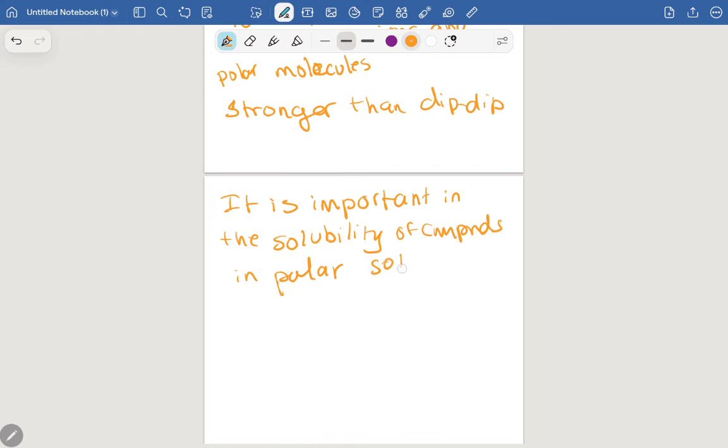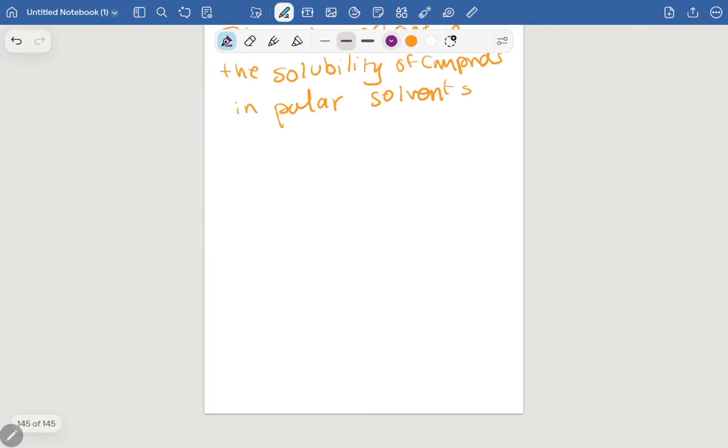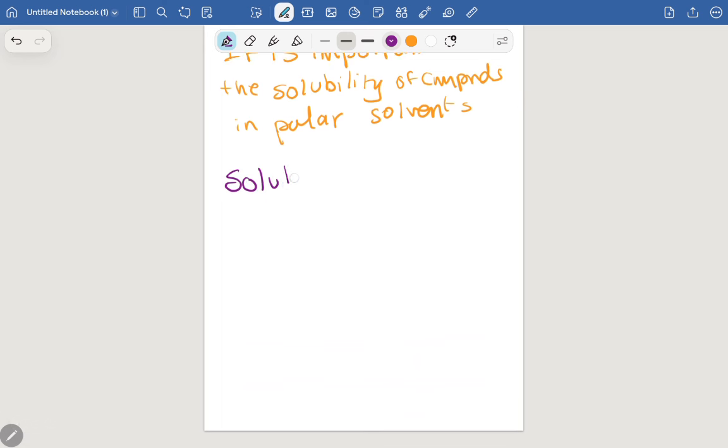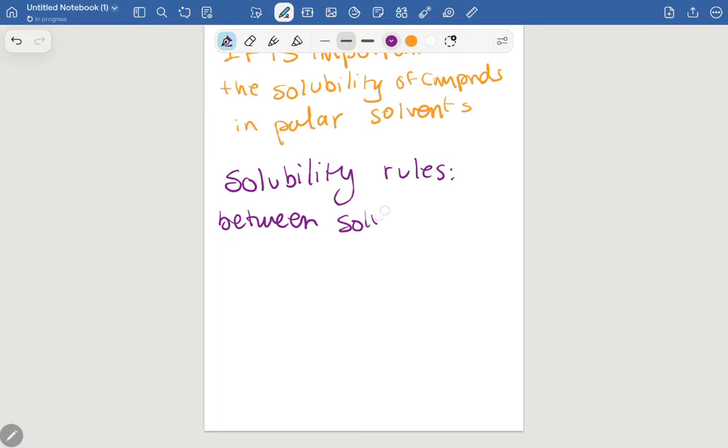Now, of course, how do we determine the solubility? We have a set of rules, so solubility rules. First thing we need to do, of course, it needs to be between what? Between a comparison between the solute and the solvent. What does this mean? You take the solvent and you list all of the forces you can find. Then you take the solute and you list all of the forces you can find. And then you compare the strongest force with the strongest force. If the interactions are similar, then it's soluble.